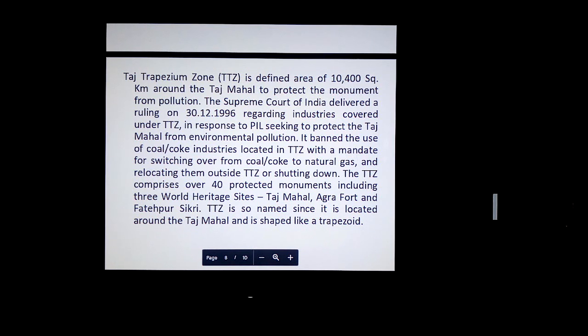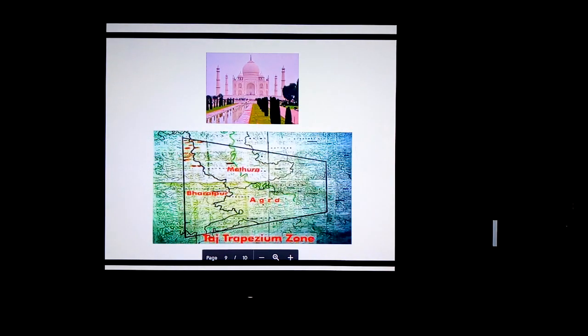TTZ is so named since it is located around Taj Mahal and is shaped like a trapezoid. You can see the Taj Mahal picture, children, and the trapezium which is drawn on the map, no? Mathura, Bharatpur, Agra, these are the 3 areas which come under TTZ.